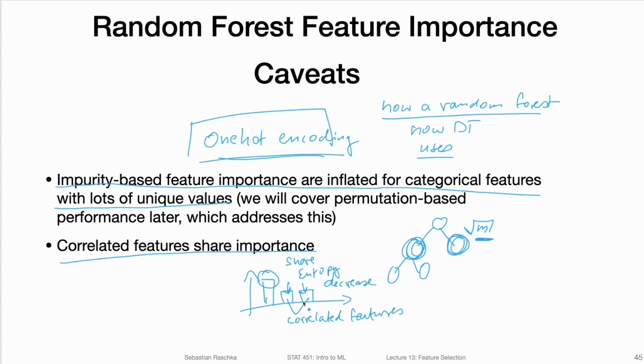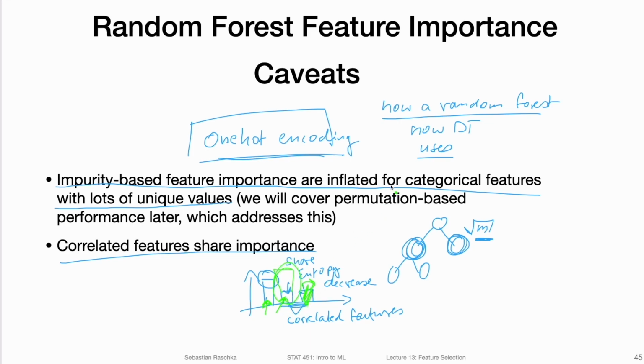So in fact, we are underestimating how important this feature could be. If we would remove this feature here, the other feature would gain that importance, right? So in that case, this feature might actually be more important than this feature if we consider that this feature was sharing its importance with another feature.